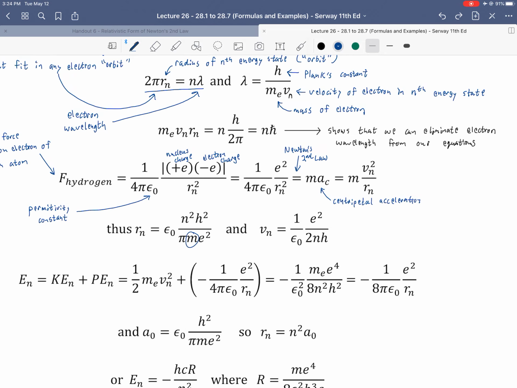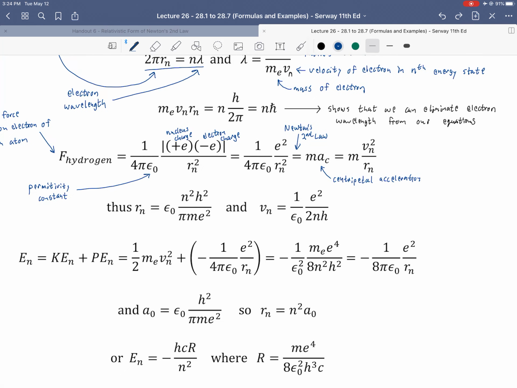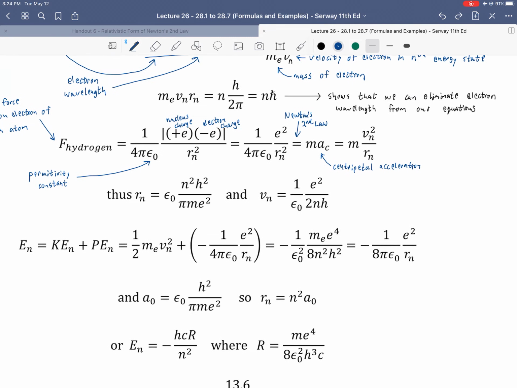For the radius, we have the mass of the electron show up. The other thing is I didn't realize I left off the subscript e a couple of times. So every time you see an m, it's the mass of the electron. I meant to put it on every single one, but it obviously got dropped a couple of times. So all the m's should be m sub e's. They're all the same m, the mass of the electron.